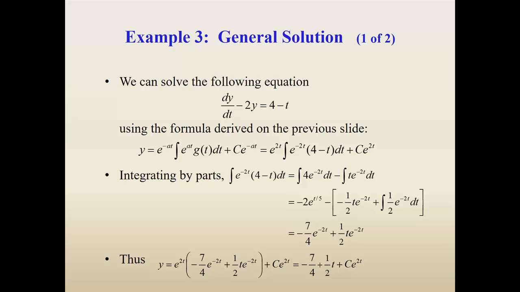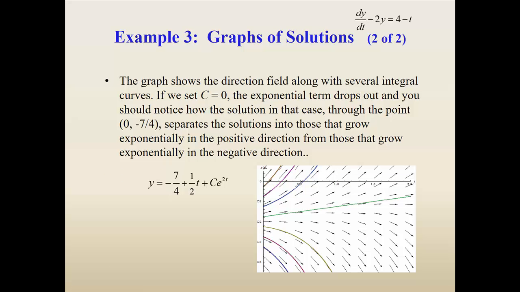A little integration by parts among friends, and I end up getting a solution when fully simplified of y is equal to negative 7/4 plus 1/2 t plus c e to the positive 2t. And you can see all the different paths you might take.